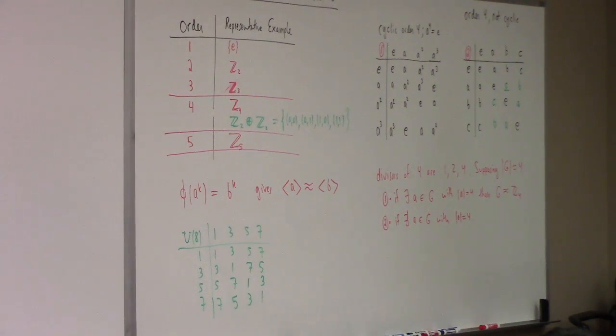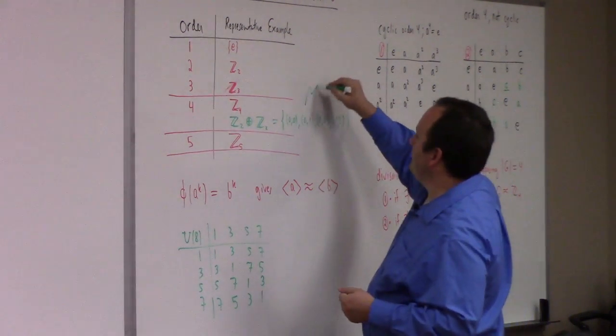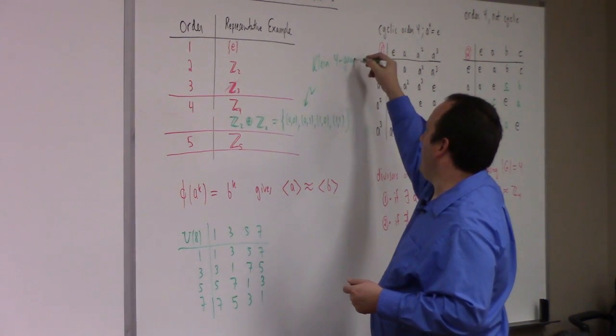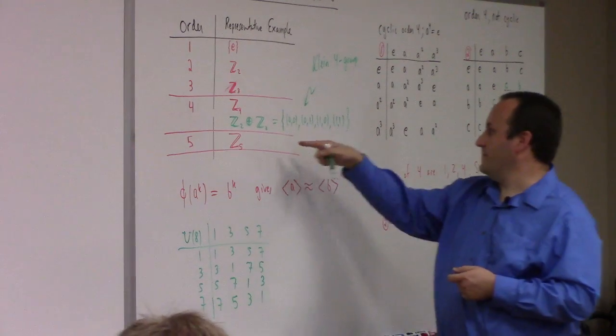It's easy to see, once I write that, every non-zero element in that group has order 2, right? If you add any of the non-zero elements in Z2 plus Z2 to itself, you get back to 0. So this is called the Klein 4 group. Just to give it a name, this thing.